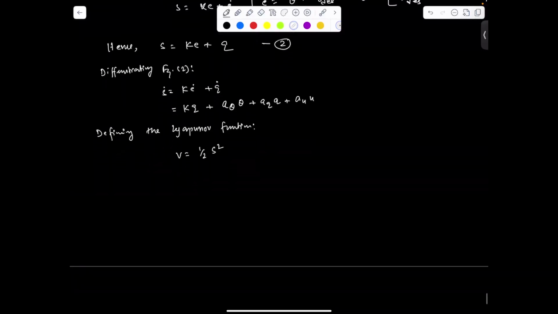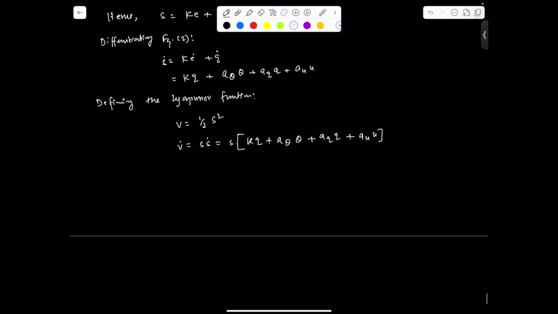If you take the time derivative, V dot equal to S into S dot, and in place of S dot we write k q plus A theta theta plus AQ q plus AU u. This is equation number 4.